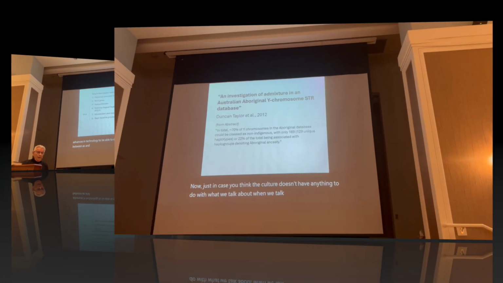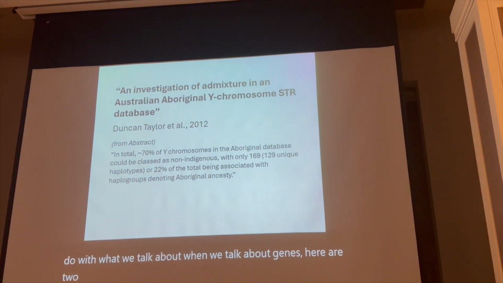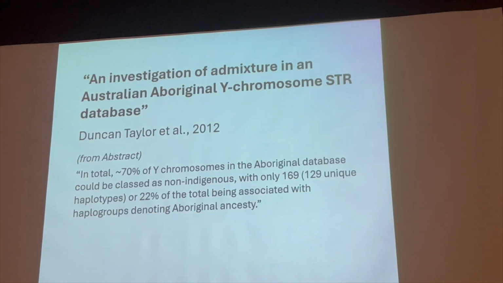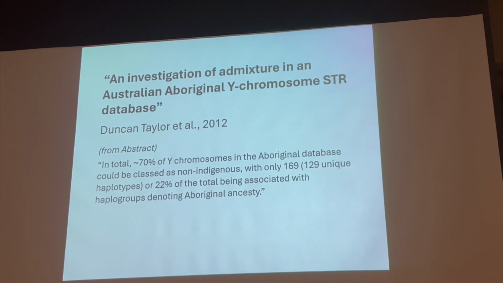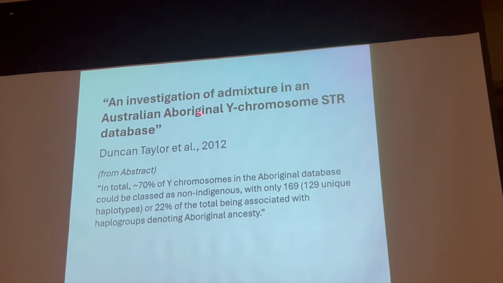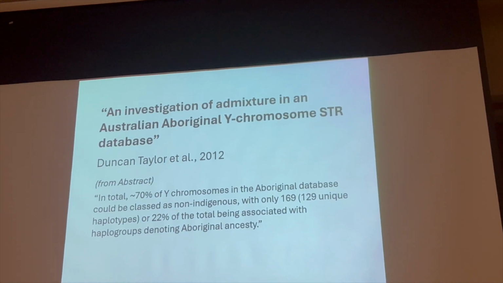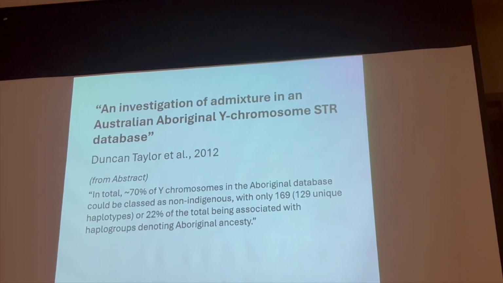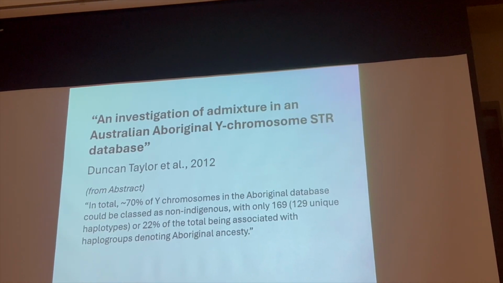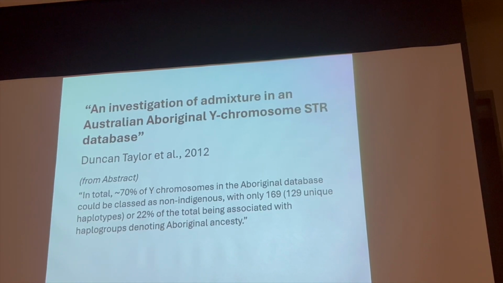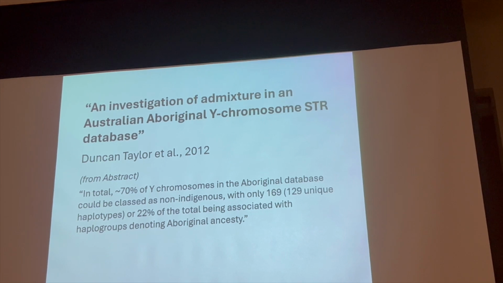cheaply. 2 examples of how colonial culture had an effect on the genes of people that we may not be too familiar with. Australian Aborigines, Y chromosome. Remember, that's the part that's only passed down from male to male. 70% of the Y chromosomes in the Aboriginal databases are British.